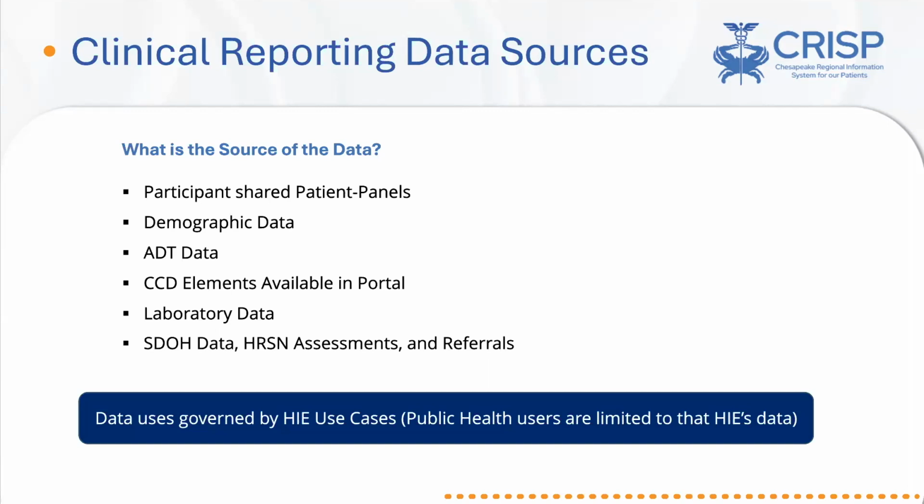And so the data source is participant shared patient panels, from which we're pulling the demographic data that we're receiving through our ADT feeds, as well as the CCD elements that are available directly in our ORUs, and of course, lab data. We're also filtering in some SDOH, HRSN assessments, and referrals.